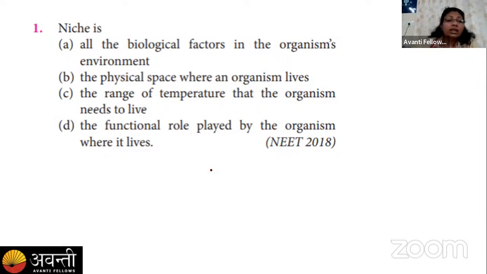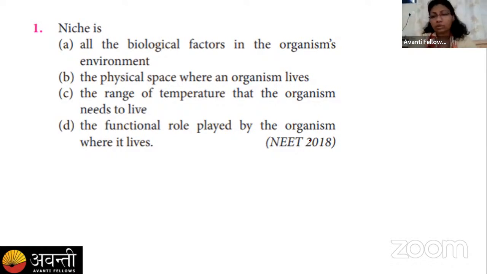Yes, that's right. Option D says the functional role played by the organism where it lives is a niche. As we have discussed earlier, in a particular geographical region of an ecosystem we have two places: one is habitat and one is niche. Everyone gets confused between habitat and niche, right?